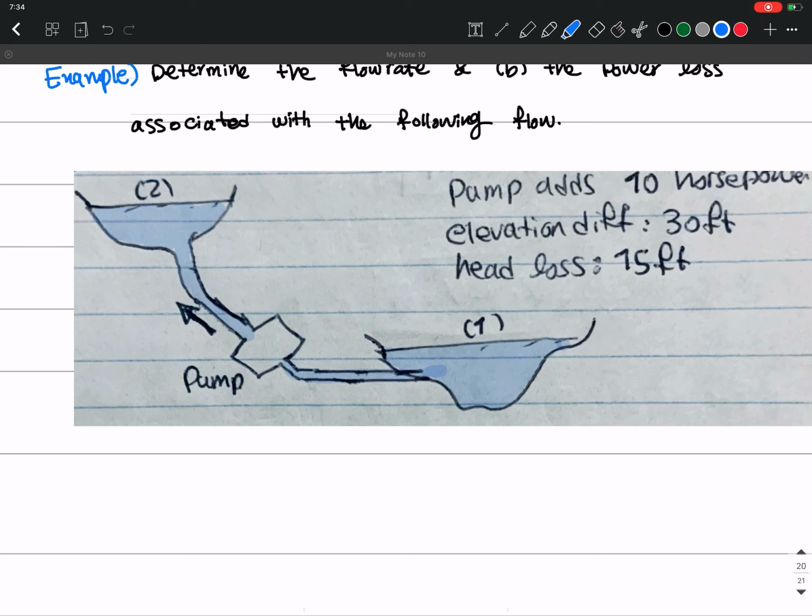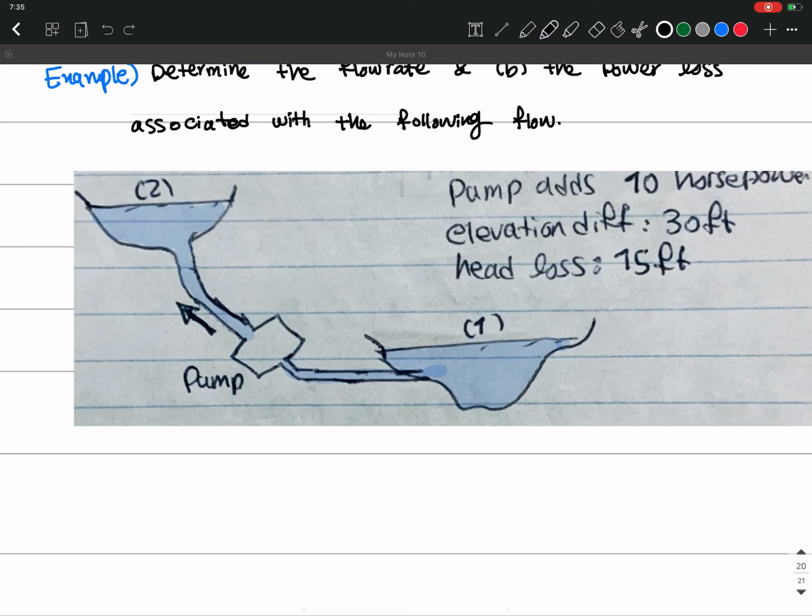Okay, so the power adds 10 horsepower, and the elevation difference between the two reservoirs is 30 foot. So this one is 30 foot at a higher elevation compared to this one. And the head loss we know, for example by the frictional forces that act in the system, is 15 foot.